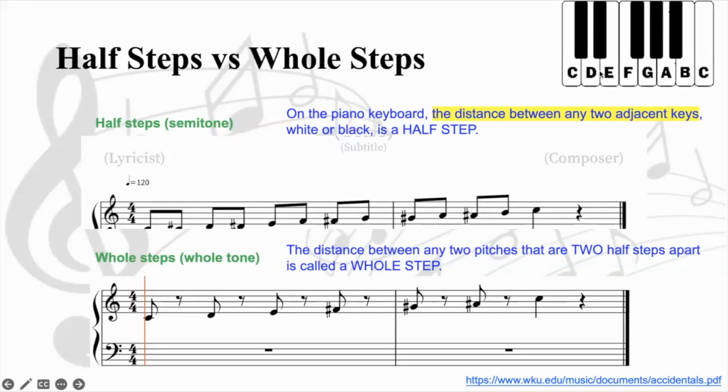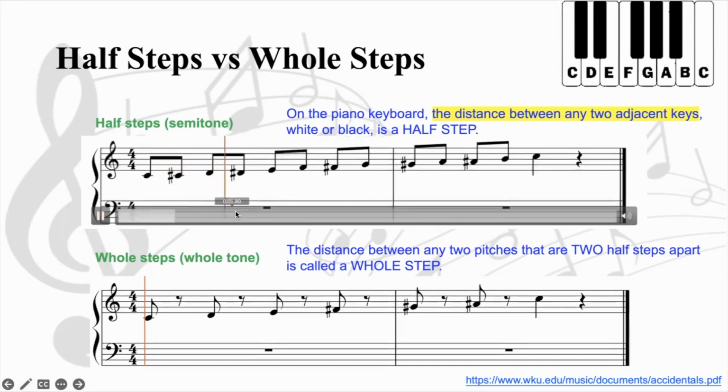On the piano keyboard, the distance between any two adjacent keys, that means this C and this black, the black and the white, they are adjacent keys, so they are a half step. Each one of these adjacent keys is a half step, like the figure shows here again.